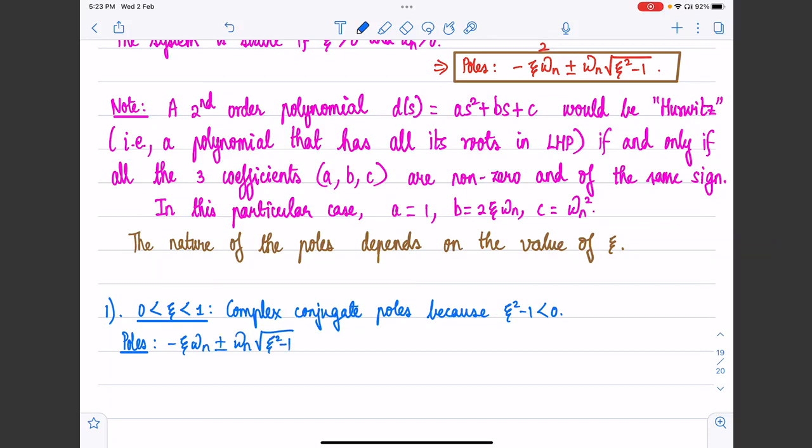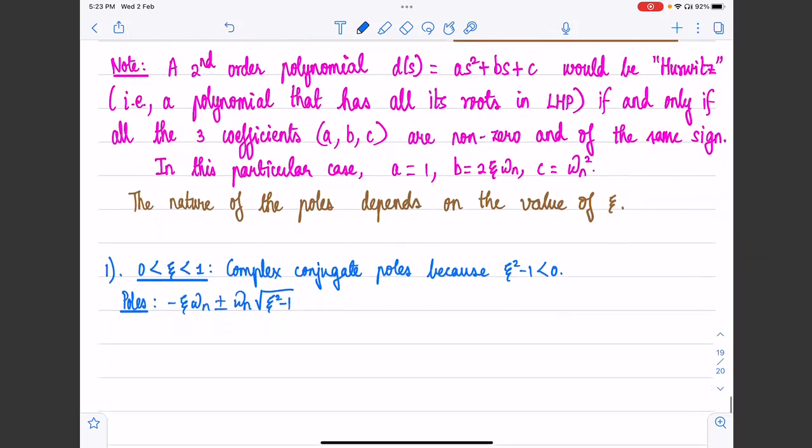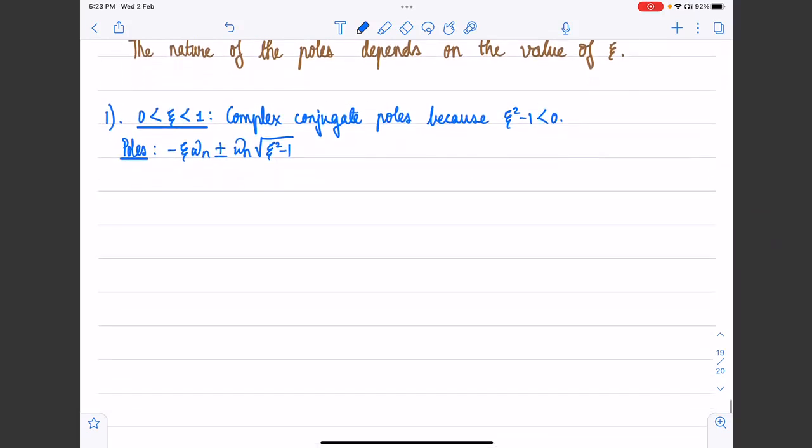Now when zeta is between 0 and 1, zeta squared minus 1 is going to be negative. So what is the consequence? I can rewrite this as minus zeta omega n plus or minus j times omega n times square root of 1 minus zeta squared. Essentially I flip the sign in the square root: instead of zeta squared minus 1, I write 1 minus zeta squared.